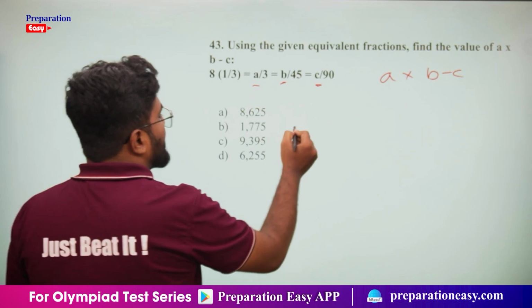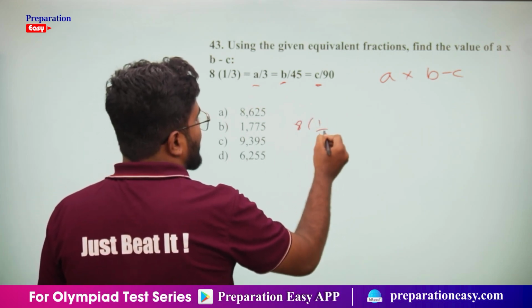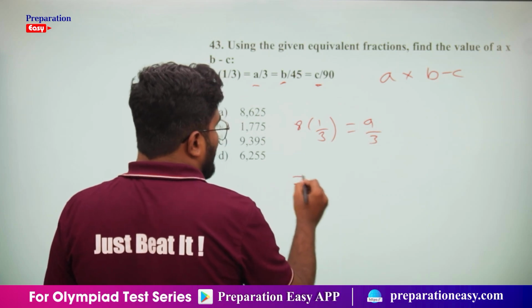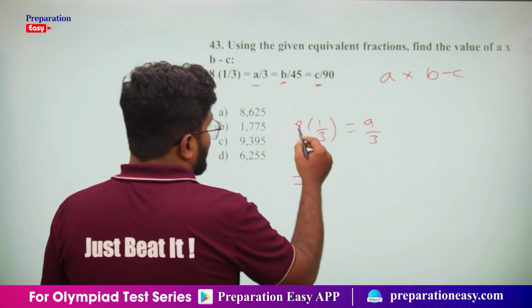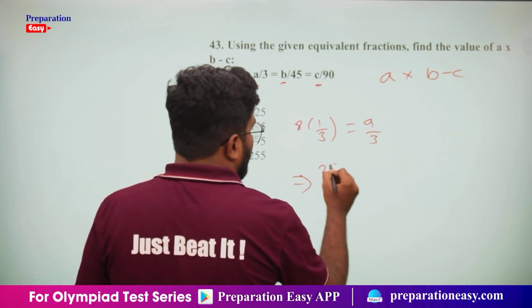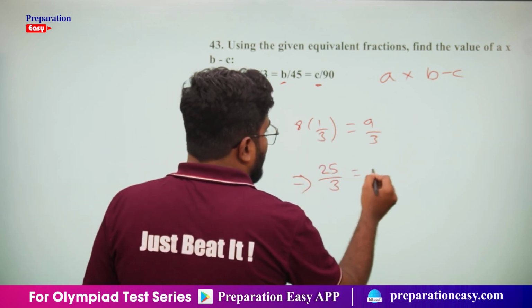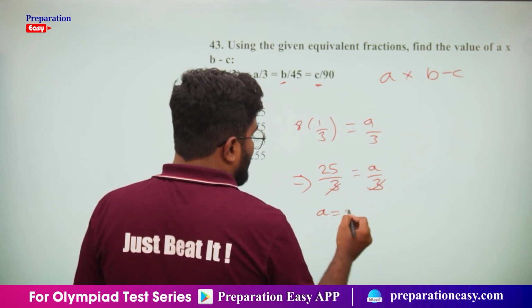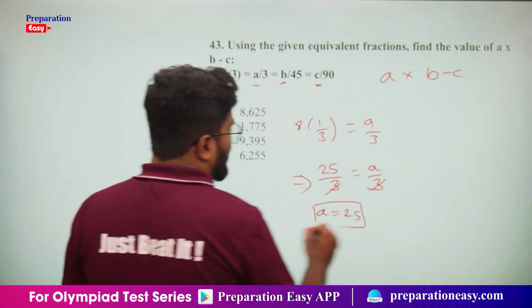So the first is 8 1 by 3 equals a by 3, which gives 8 3s are 24 plus 1, 25 upon 3 equals a by 3. 3 cancels, so a equals 25.